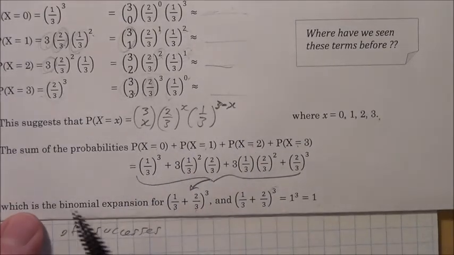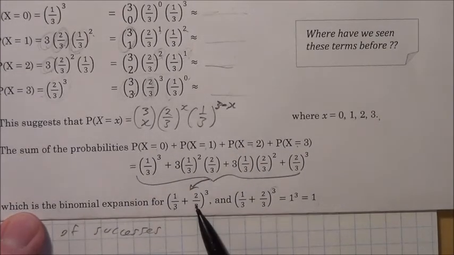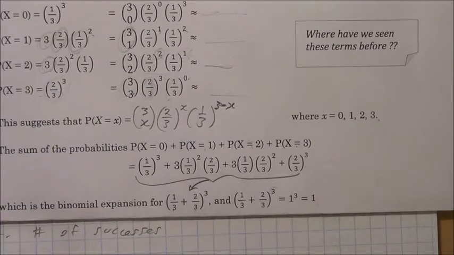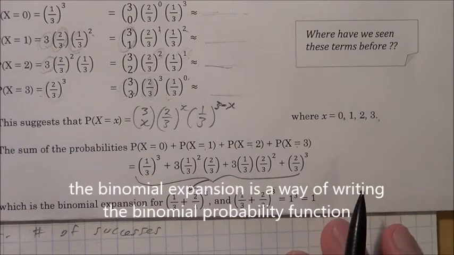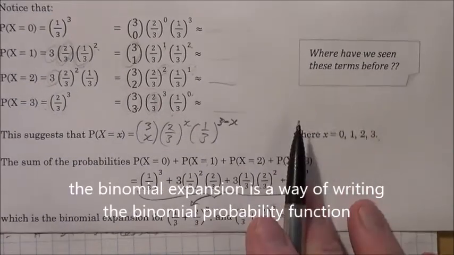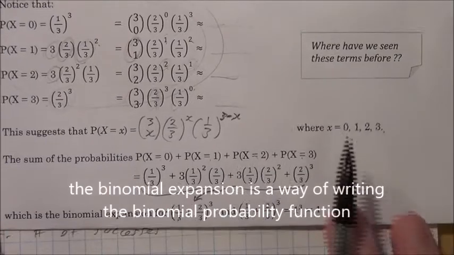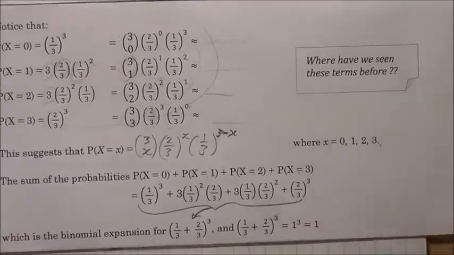The binomial expansion, that short form of doing it that we learned recently, is the way to find the probabilities of a binomial distribution.